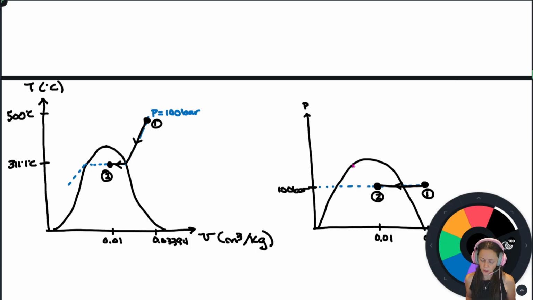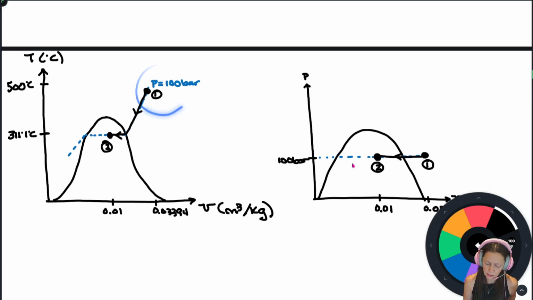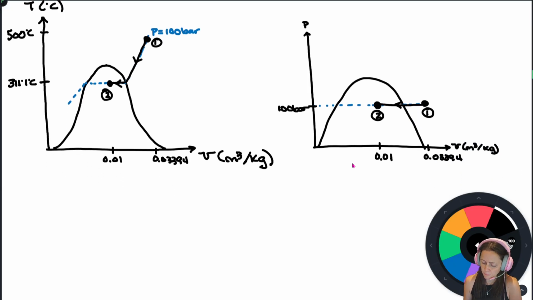Now let's go over here to our PV diagram. This is in that superheated region, and this is also in that superheated region. On our PV diagram, this point right here corresponds to our critical pressure, and that critical pressure is specific to whatever substance it is.